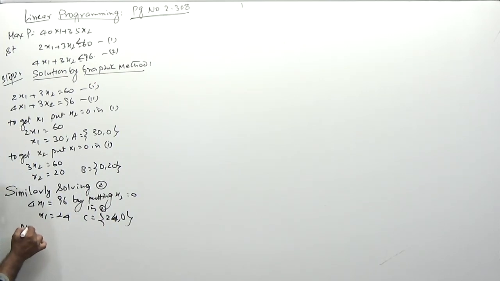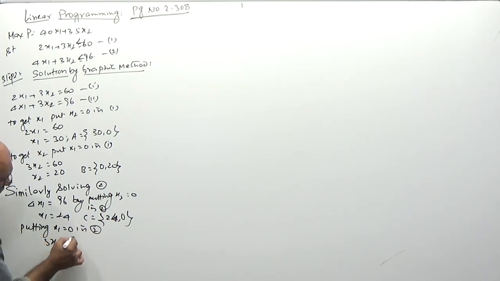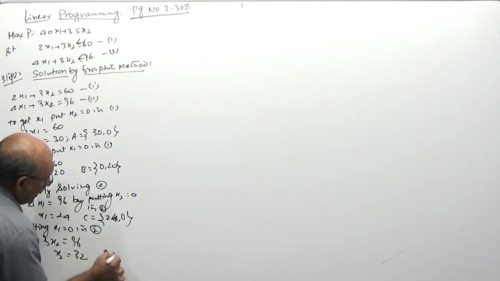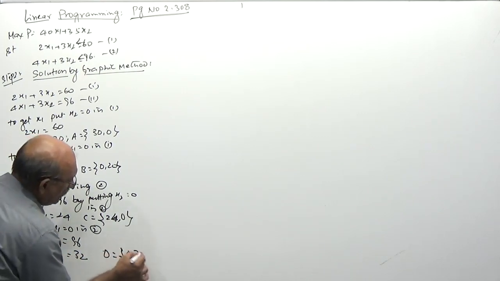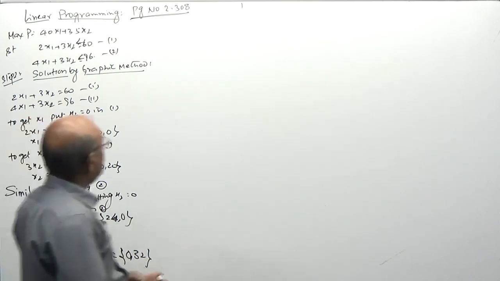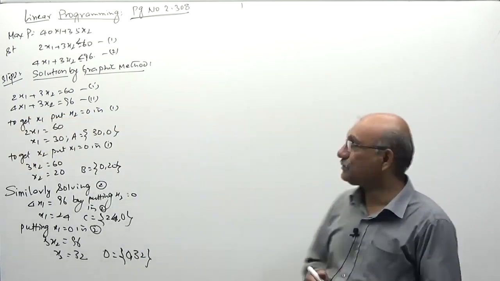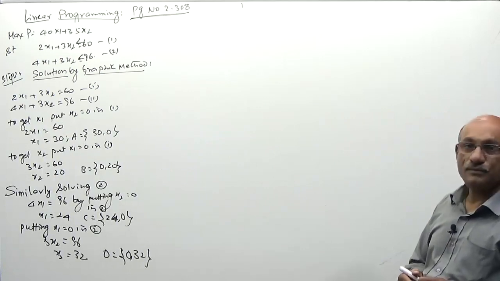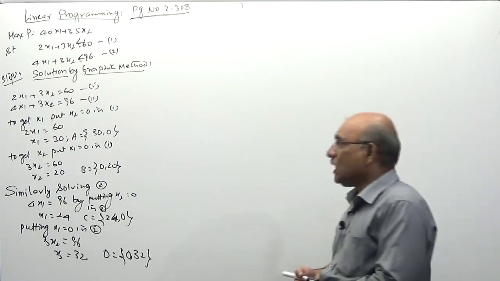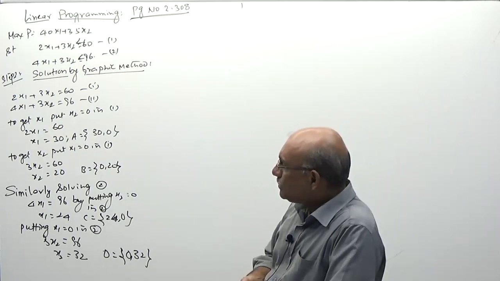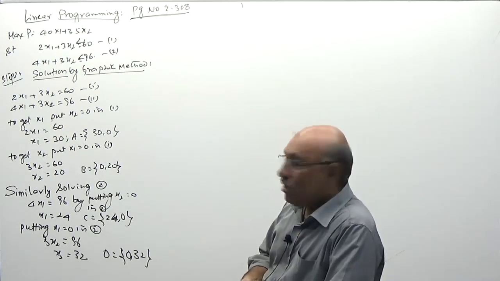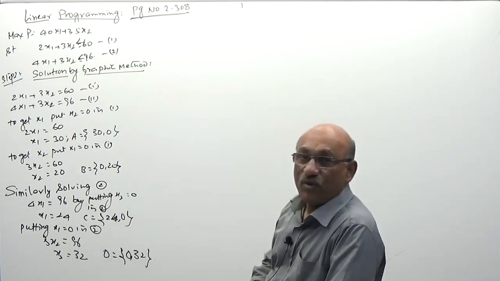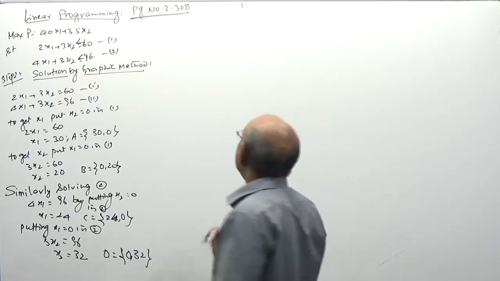Next, putting x1 equal to 0, 3x2 is equal to 96, x2 is equal to 32. This is point D, (0, 32). Okay, sir. So by solving the given two lines, we have 4 sets of points. Let us represent them on the graph.